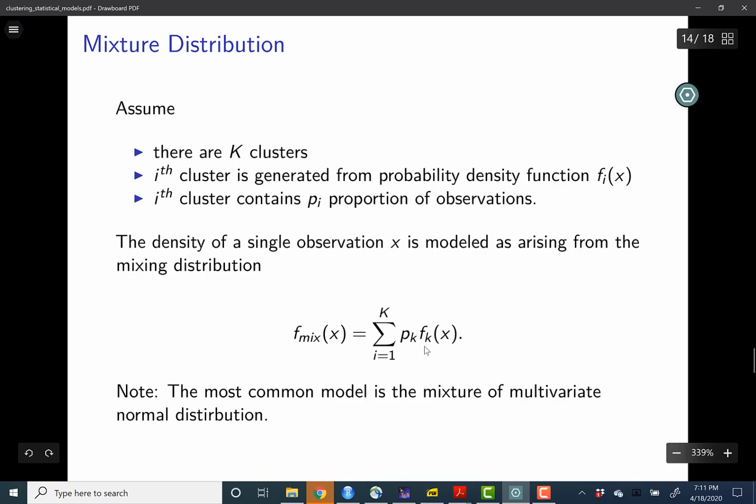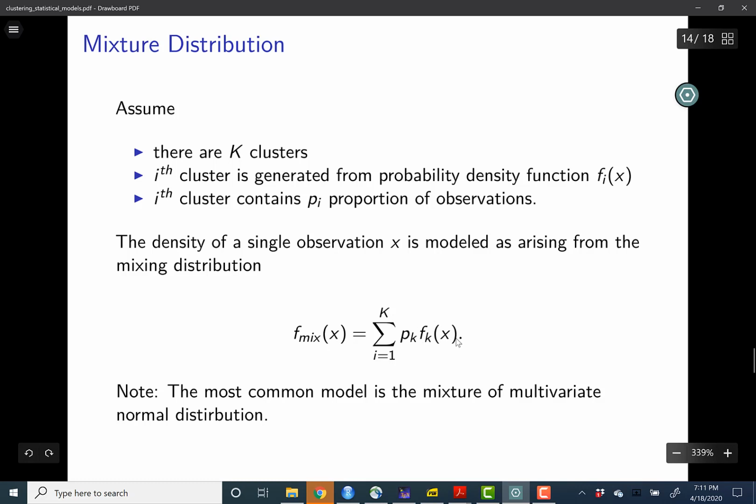This extends the previous argument to k cases. It will either be in cluster 1, in which case it has density F1 times probability P1, or it's in cluster 2, so F2 times probability P2, and so on. It can be in cluster k, so we get Fk times Pk. So this is a mixture distribution.